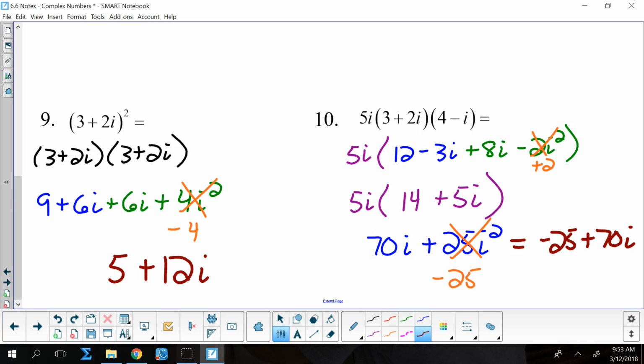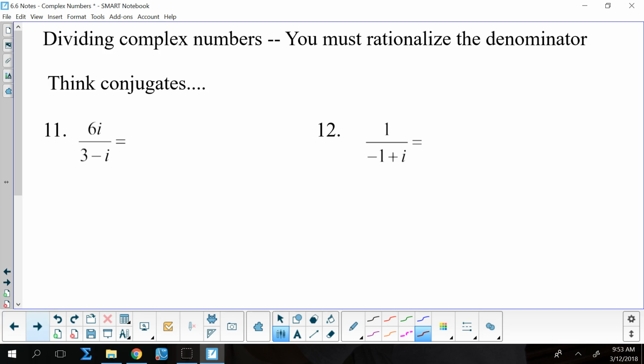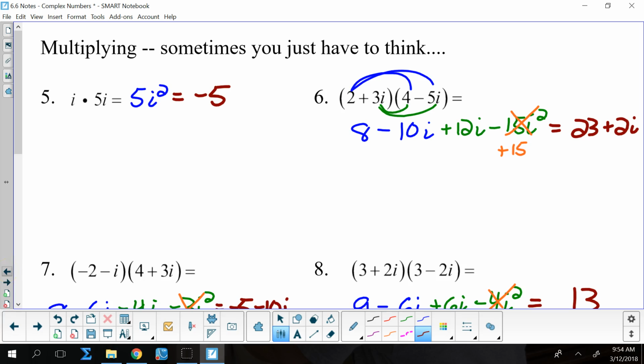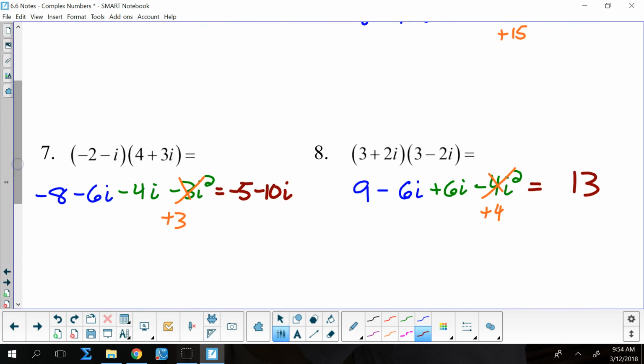Okay? And the last one is dividing, where you have to think using conjugates. Conjugates are like this one back here in number 8, where the only thing that's different is the sign in between the real and imaginary part.